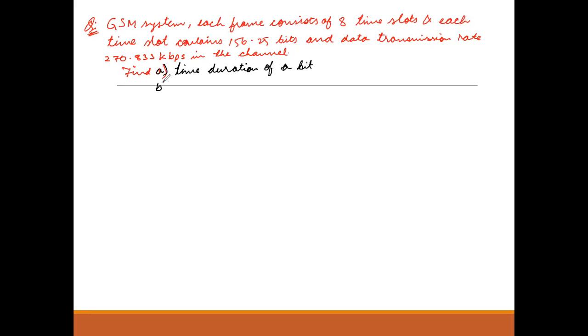The B part is the time duration of a slot. Next, the C part is the time duration of a frame.